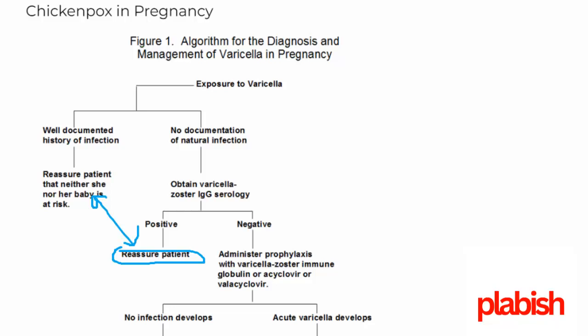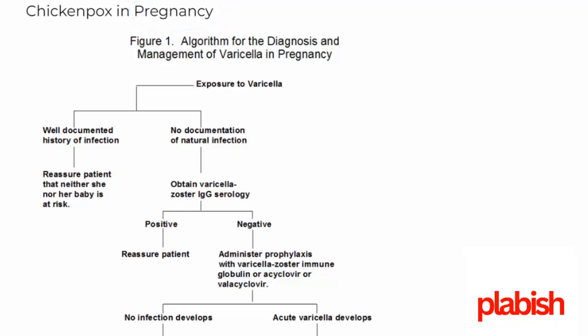And for example, if the patient's serology comes out to be negative, then we will need to administer prophylaxis with varicella zoster immunoglobulin because she is pregnant. We don't want to take the risk, because she is pregnant and both she and her baby are at risk.